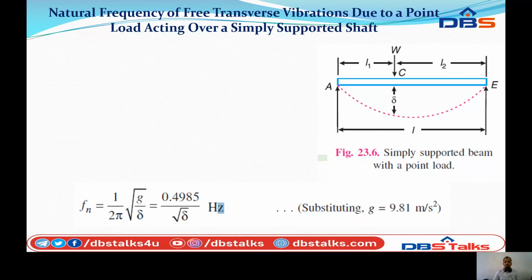If you see in the diagram, the load W is acting at the point C, which is at lengths L1 and L2 from A and E respectively. A little consideration is taken into account when the shaft is deflected and suddenly released.